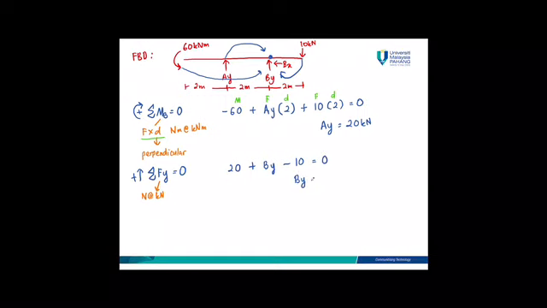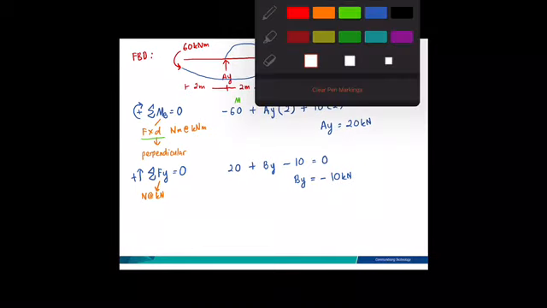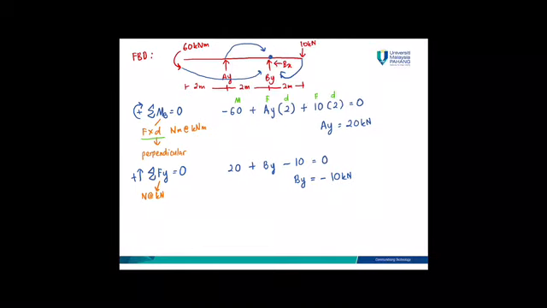Then you get BY is equal to negative 10 kilonewton. If it is negative, it means that it is opposite direction as you assume. So the actual direction for BY is downwards.